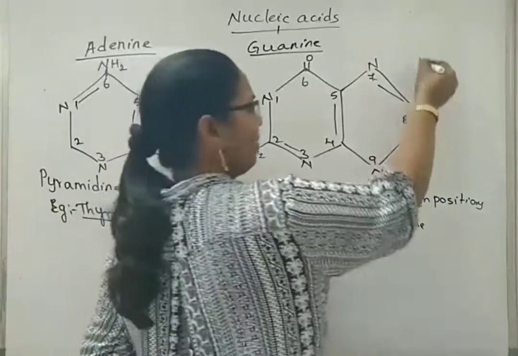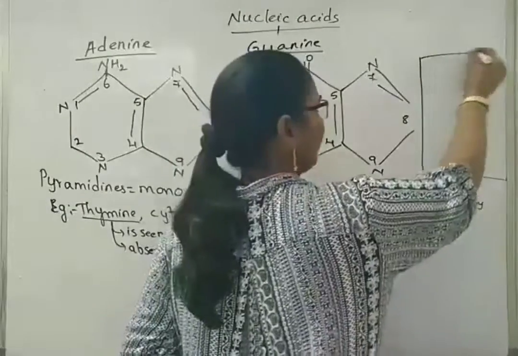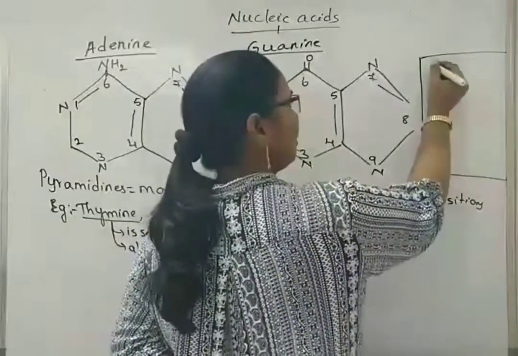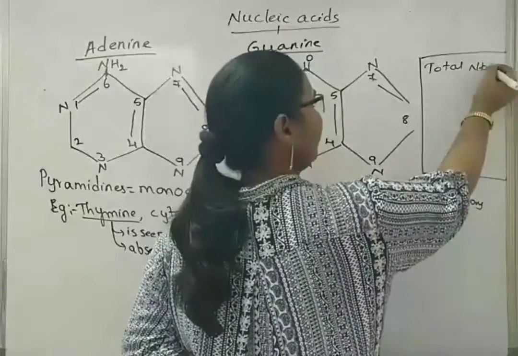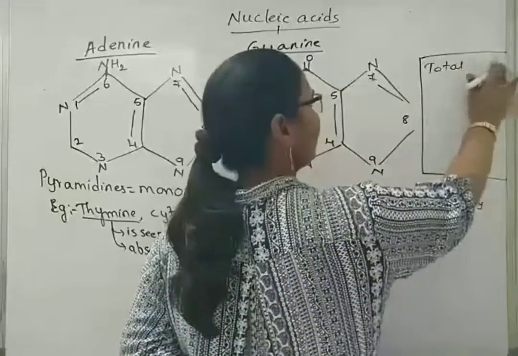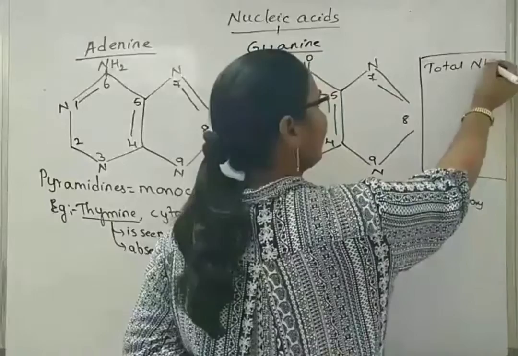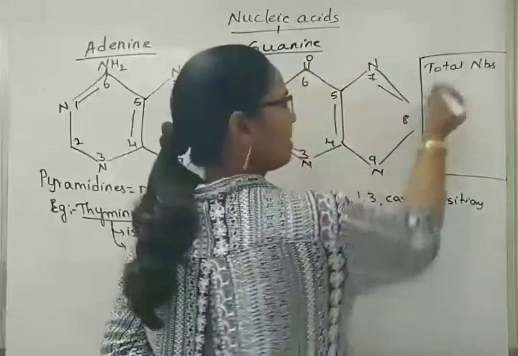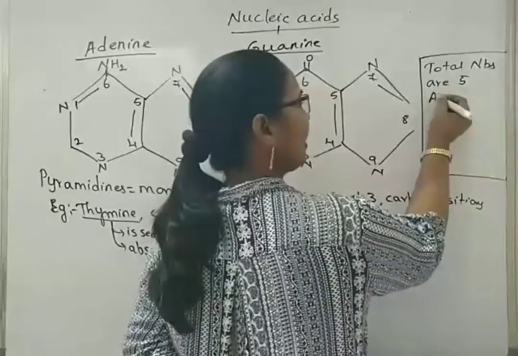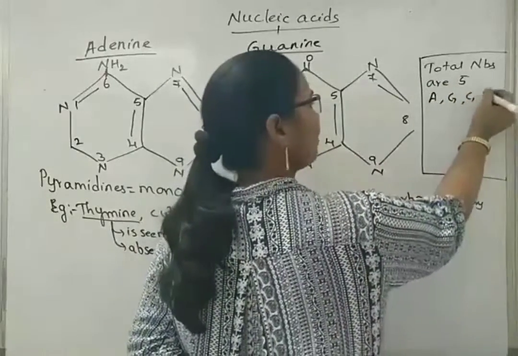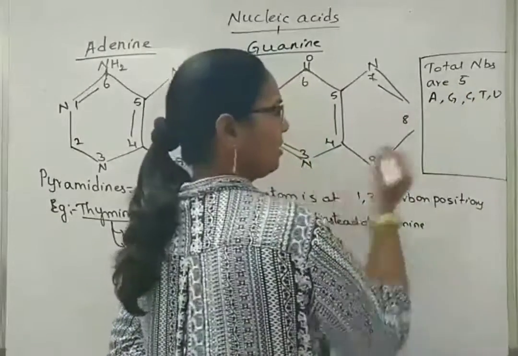So one important point: total nitrogen bases, which we represent as capital N, small b, are 5. What are those? Adenine, guanine, cytosine, thymine, uracil.